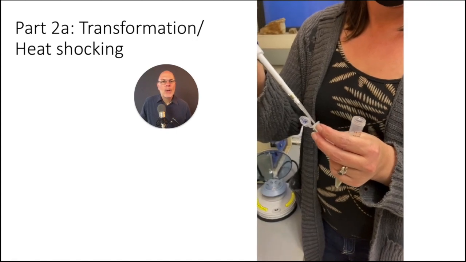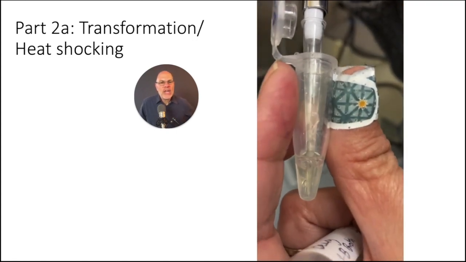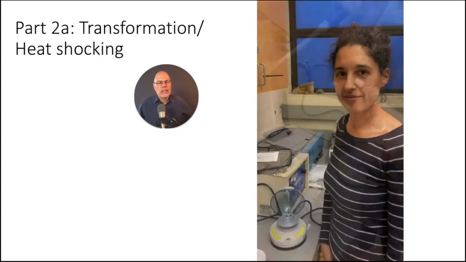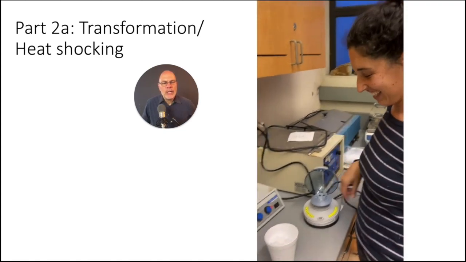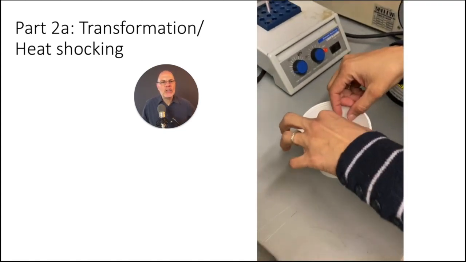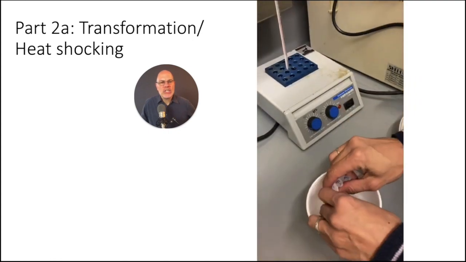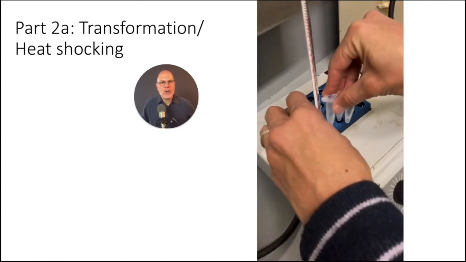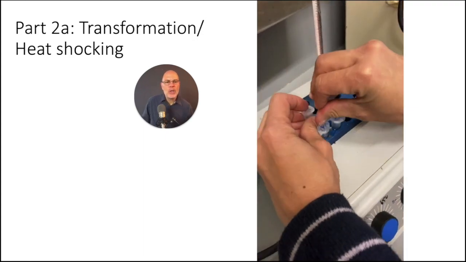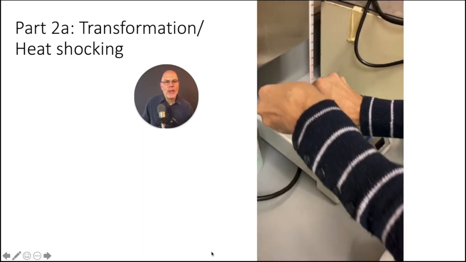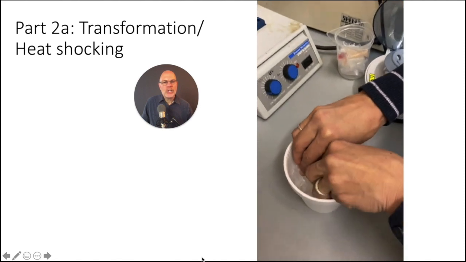What Johanna is now doing is aerating these bacteria, just sort of mixing things up. Now Colleen's going to take over. Colleen's going to do the heat shocking. These bacteria are on ice. She's getting them all ready. They've been kept nice and cold. She's putting them in the warm water bath. And now she's removing them.